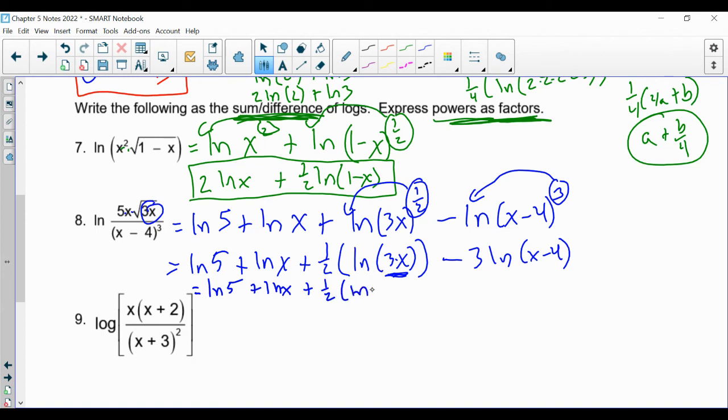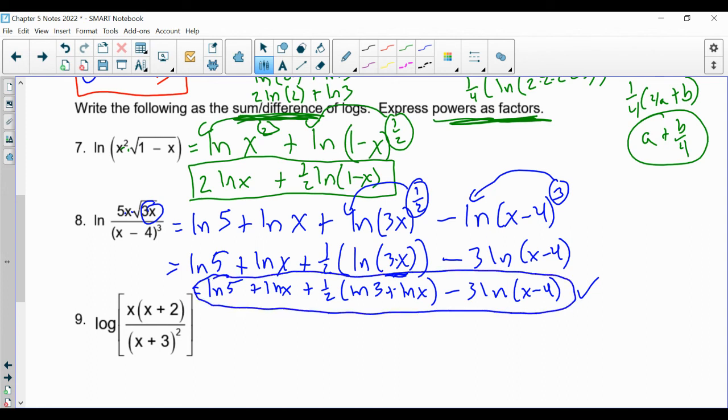And then this can split up to natural log of 3 plus natural log of x, minus 3 natural log of (x minus 4). And now you check all your logs: no multiplication, no division, no powers, so we're done.